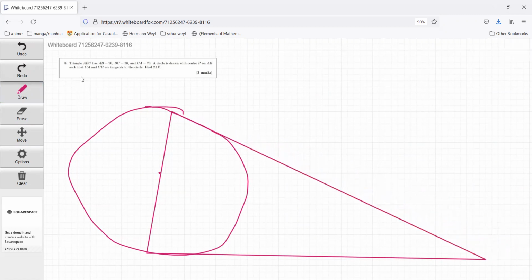Okay, so we have a circle. We have A, B, C. Yeah, average was 9.7.